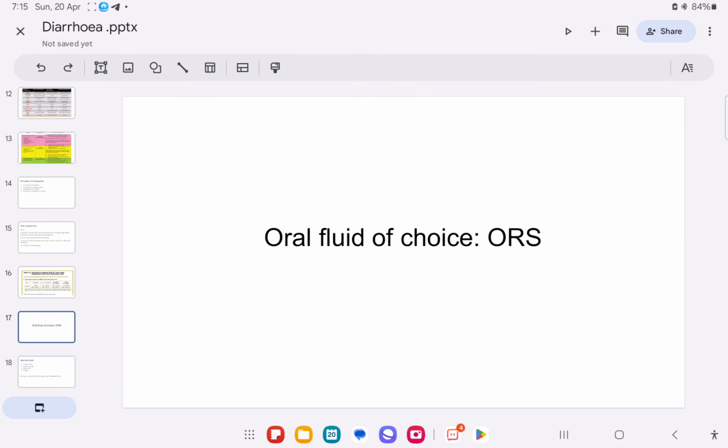Do you remember this is secondary active transport inside the small intestine? In that, sodium and glucose are transported by secondary active transport. That is why for 1 molecule of sodium, 1 molecule of glucose is required. So to correct electrolyte imbalance, you have to give glucose.